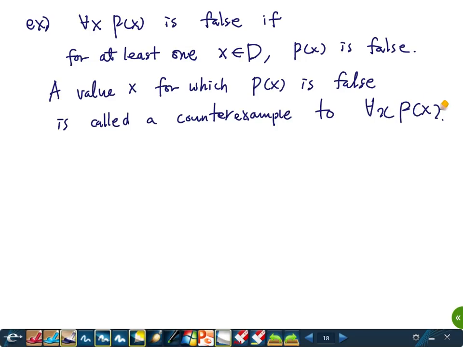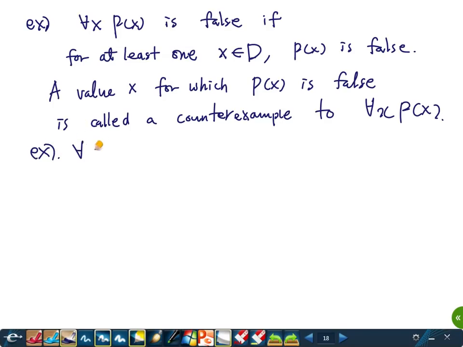If there is such an example, it's called a counterexample. So this is true if P of x is true for every x. Otherwise, you will have at least one x such that P of x is false, and that is called a counterexample. In that case, this proposition is false.